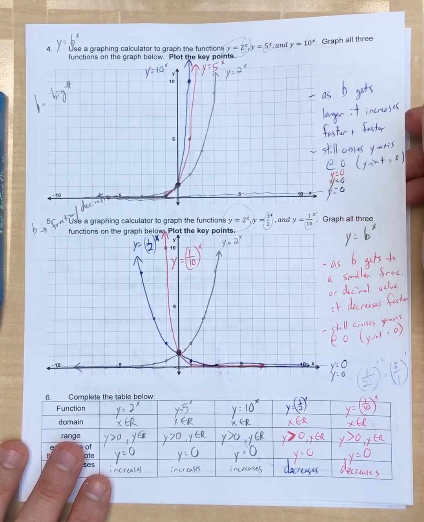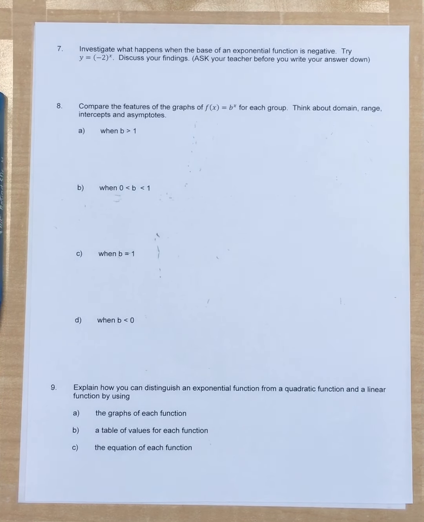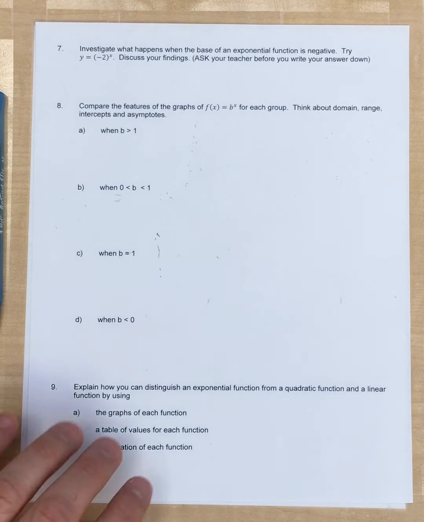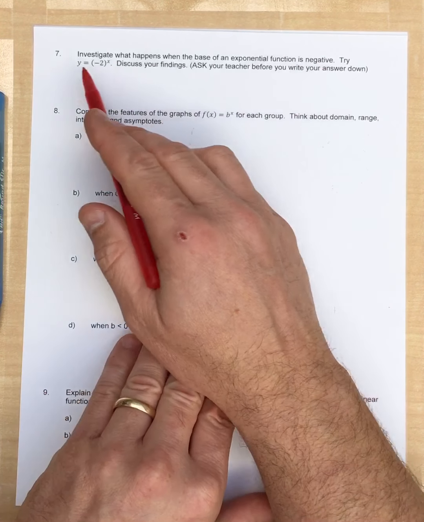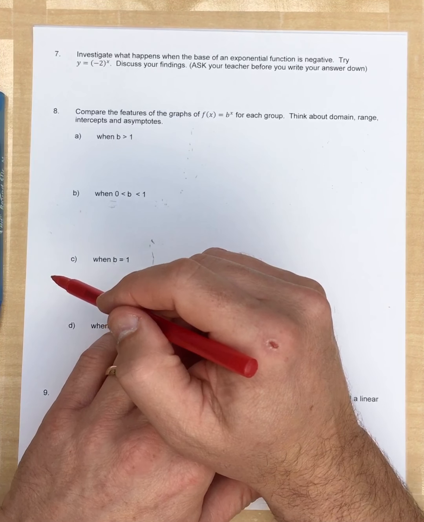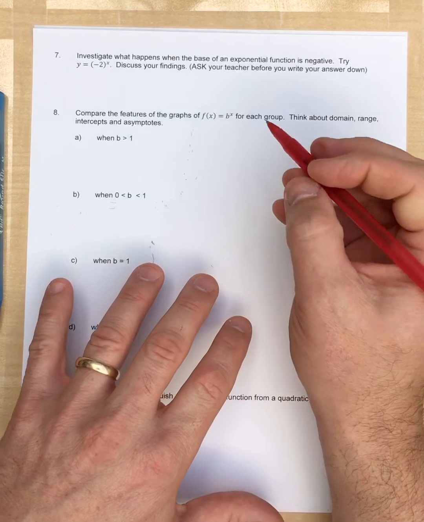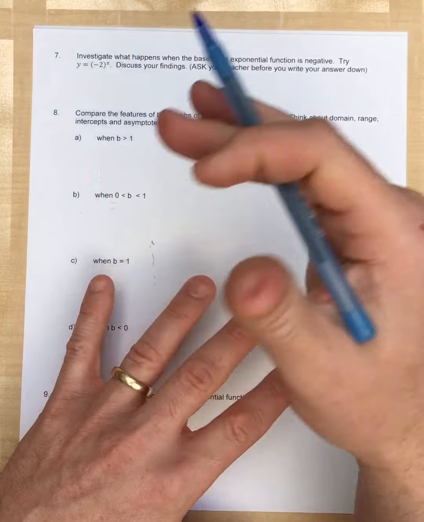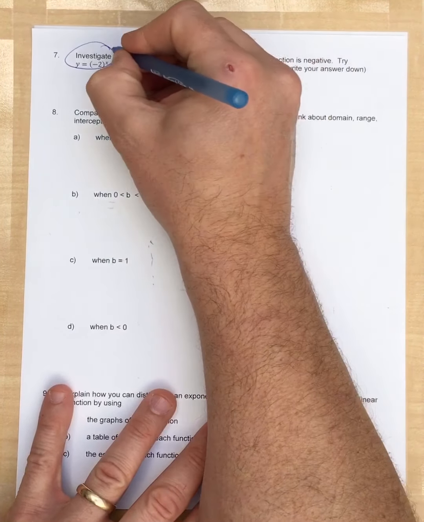And so we can summarize what would happen based on that idea. The summary says, investigate what happens when the base of an exponential function is negative. Try y equals (-2)^x. What's going to happen is it's going to be a very strange looking function. Because I don't have Desmos here, I can't show you, but have a look at this yourself.